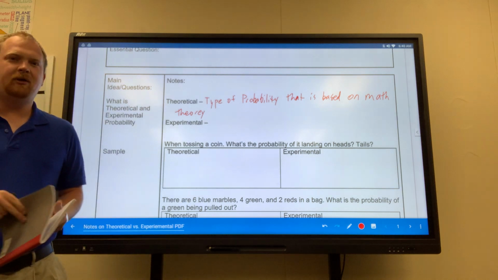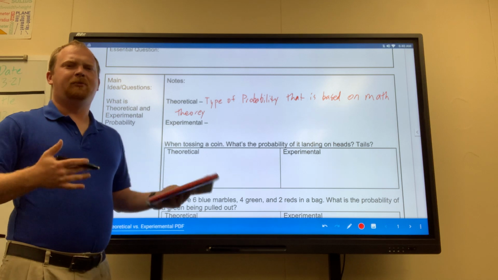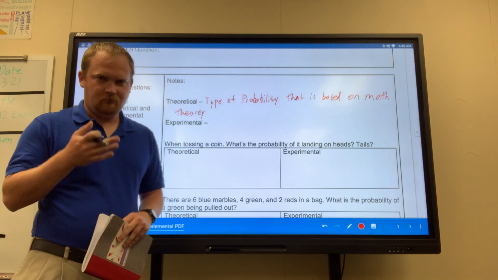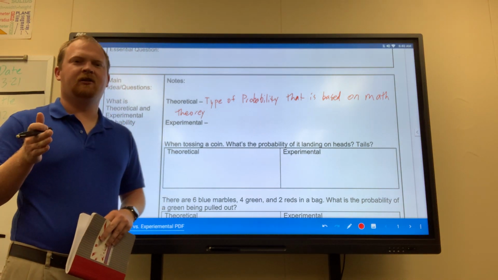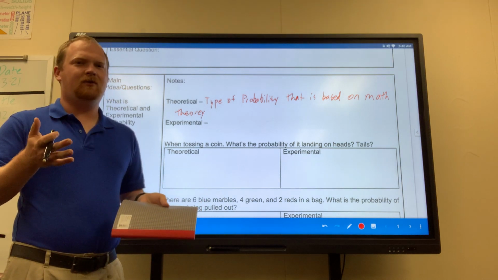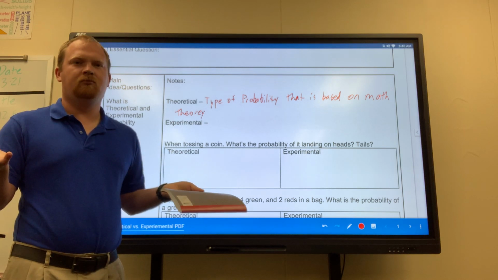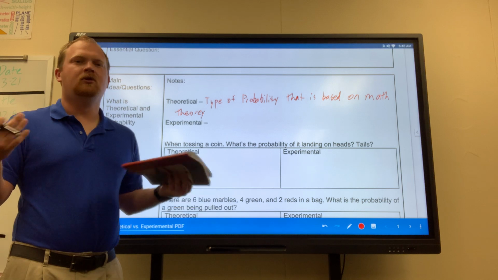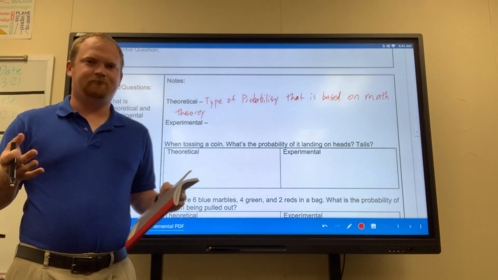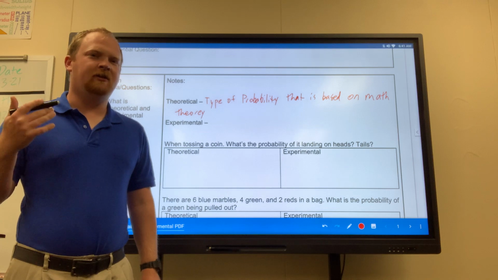What I mean by that is it's just thinking about the chances of getting something. So for example, if I think of numbers between 1 and 10, what's the probability of picking an even number? Well, there's 5 even numbers out of 10 possibilities, 5 out of 10, which is basically 1/2, 1 out of 2 chances, or even 50%. That's theoretical probability. It's just thinking of the chances you will get to pick an even number.